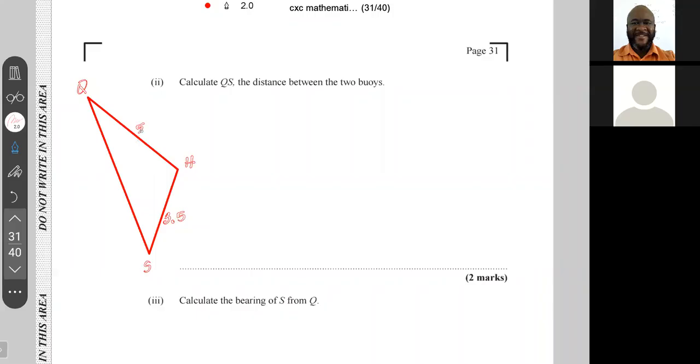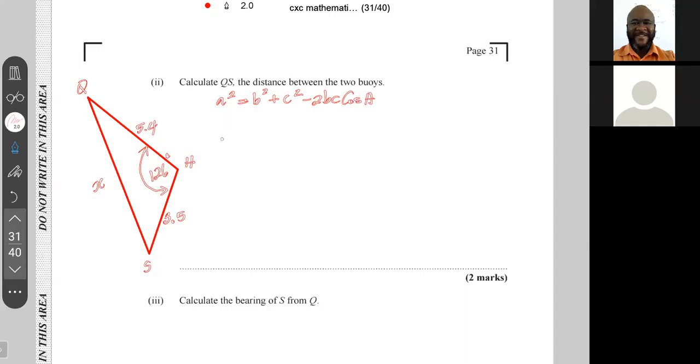This is 5.4. The angle here is 126 degrees, and we're asked to find this side. Ladies, gentlemen, if you know two sides of a non-right angle triangle and the angle between them, and you're asked to find the third side, you must use the cosine rule. The cosine rule formula is a squared is equal to b squared plus c squared minus 2bc cosine A.